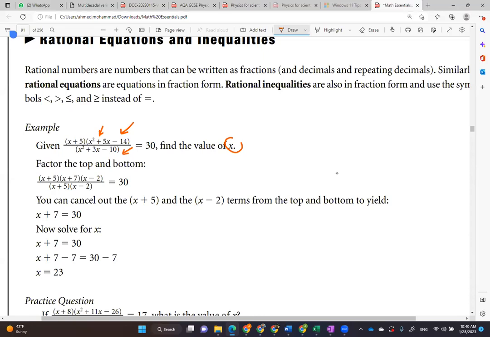Once you do this, you cancel out the equal terms. See? The life will be very simple. x plus 5 equals 30, so x equals 23. Some students, once they see this type of rational equation in the exam, get scared and say, oh, I'm not going to answer this, I'm going to choose by luck.